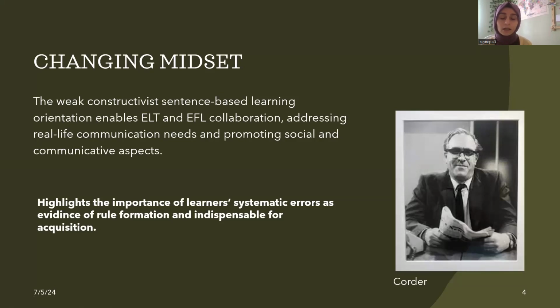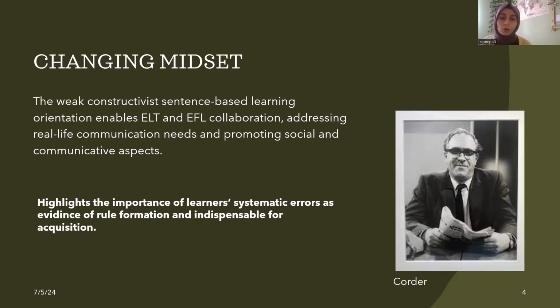What does it mean? People can learn from their mistakes, and we should encourage our students to speak with their accents. We should have a space for their mistakes, and we shouldn't interrupt them every second, like you did wrong, you did wrong. It will only discourage them.